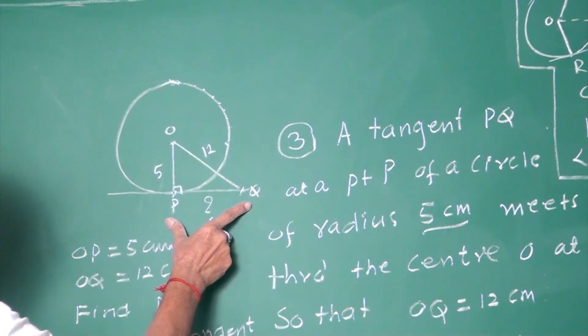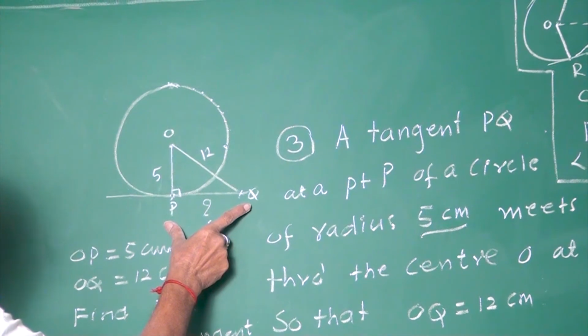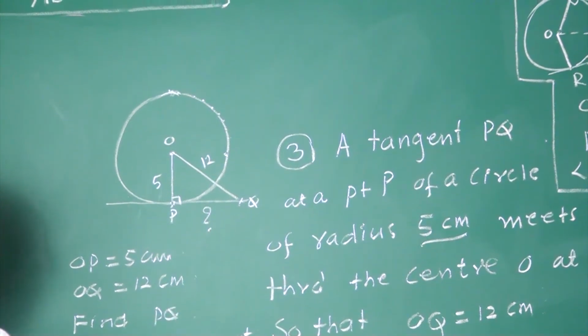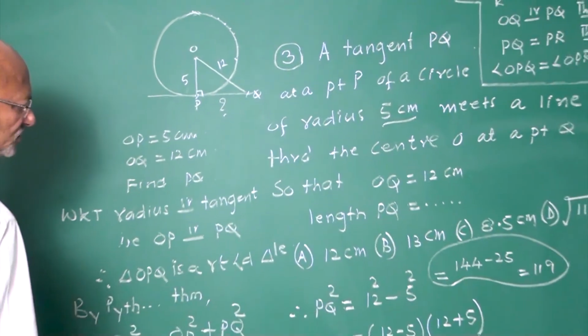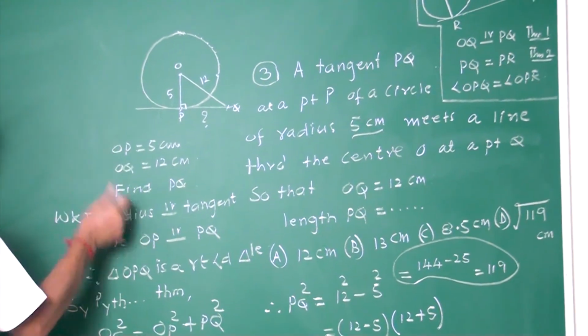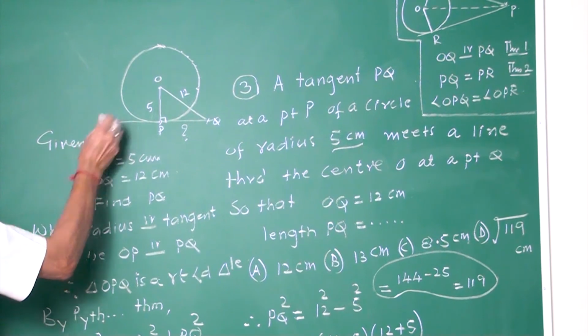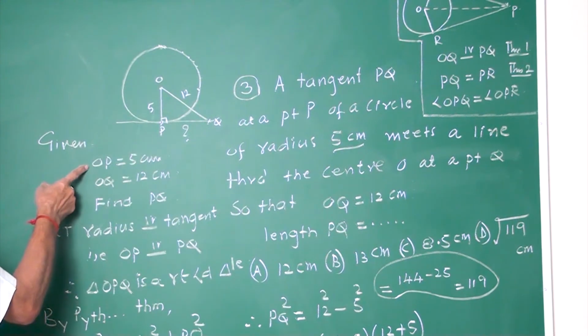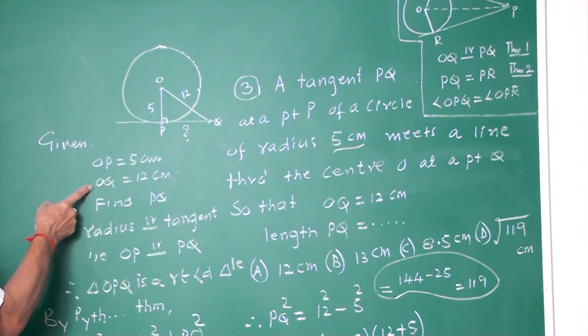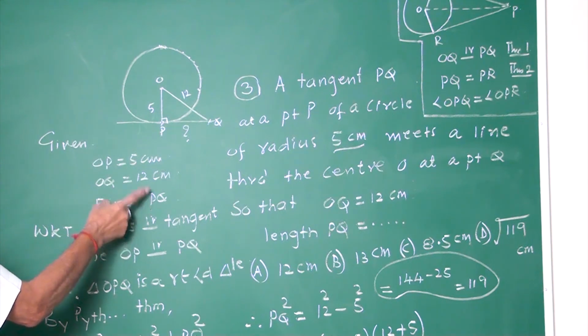Then you want to find PQ. Length PQ equal to dash. These are 4 options. Given OP. Geometry means we need figures, my friends. OP, OQ, find PQ.